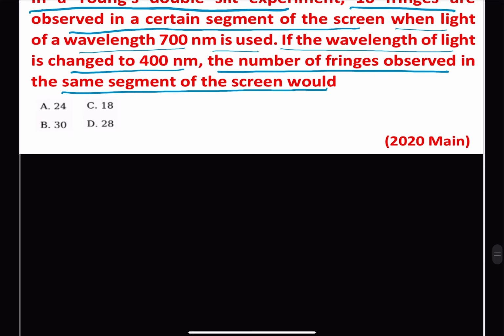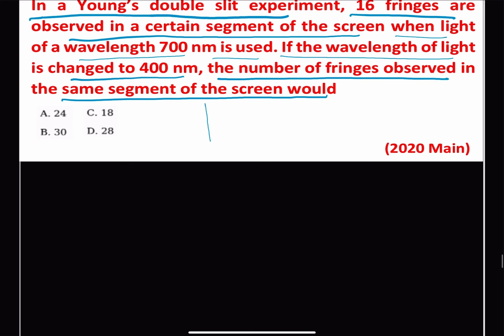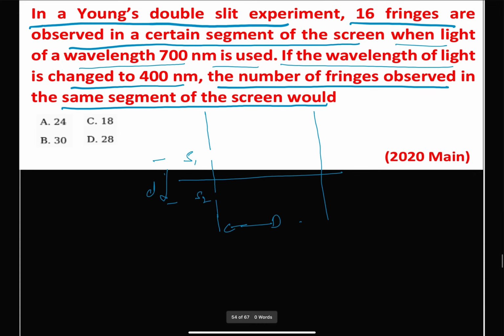So we can just draw an approximate figure, and these are the two slits, S1 and S2, and this is a screen at capital D distance, and the distance between the slits is given as small d. It says a certain segment of the screen, so we can assume any segment.